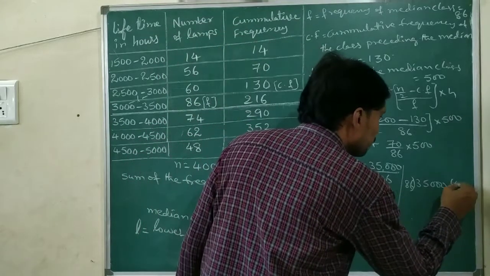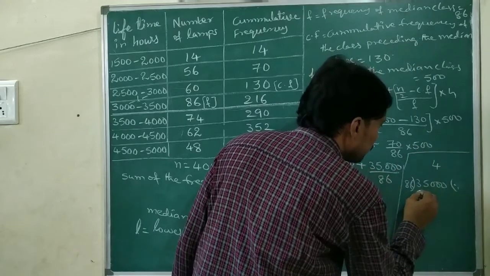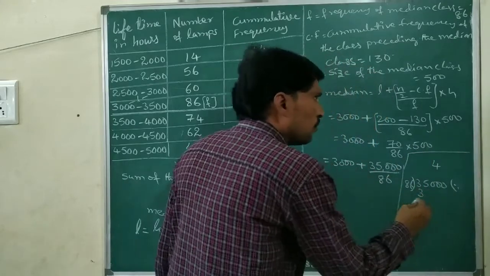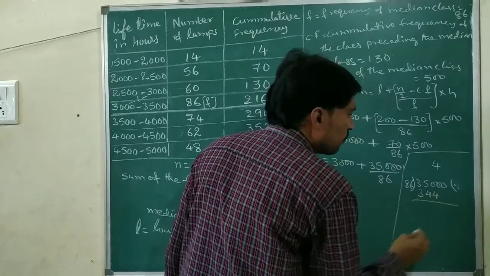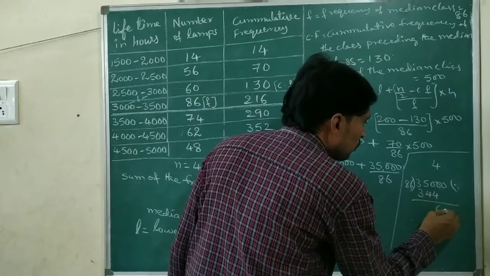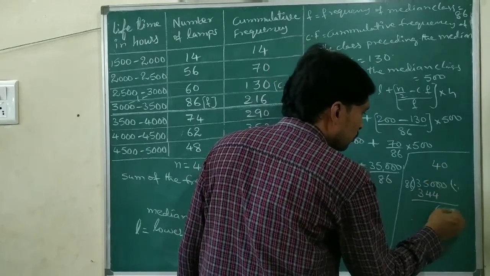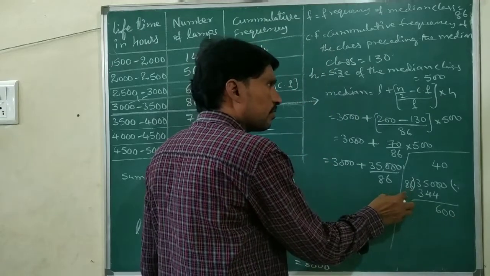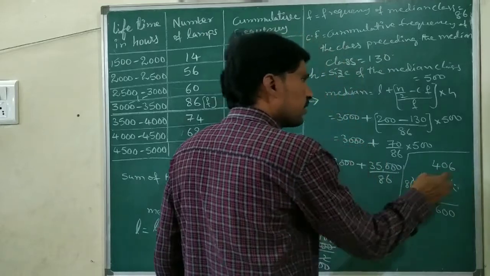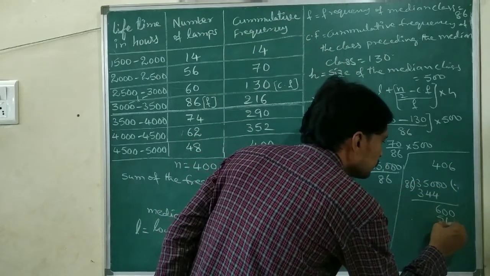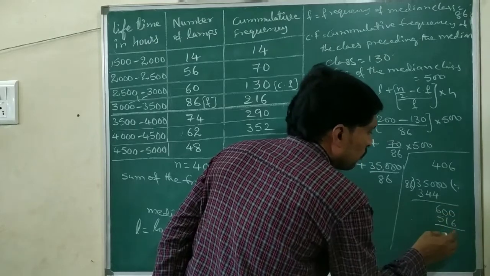86 fours are 344, so 350 minus 344 is 6. Here this 0 we need to take down. It is not possible, so again take the 0 and bring this 0 down. 86 sixes are 516. So here 4, here 9 minus 1 is 8.